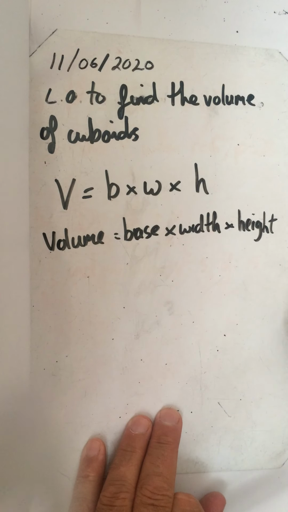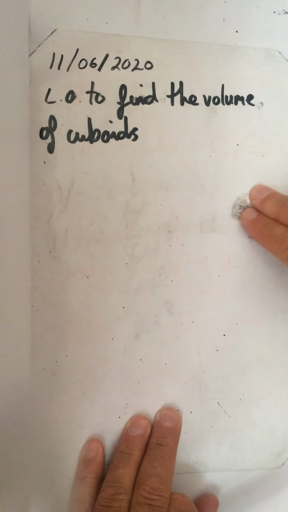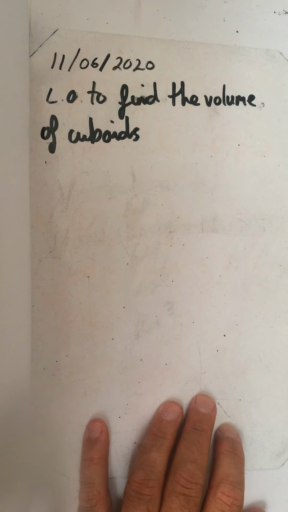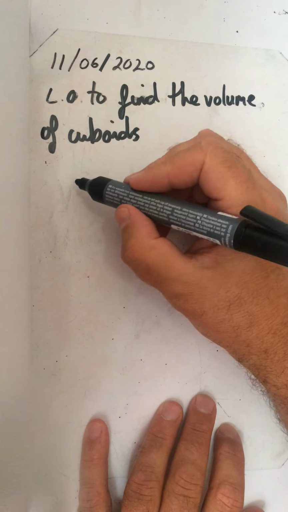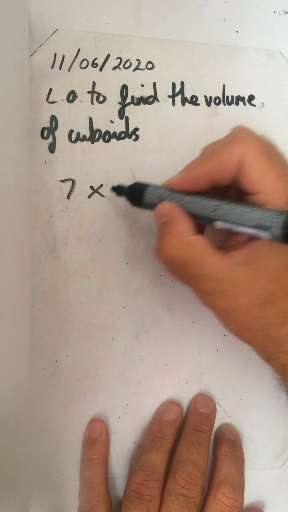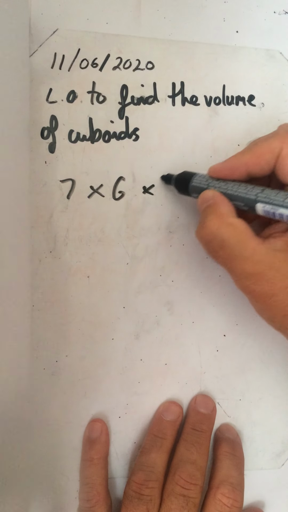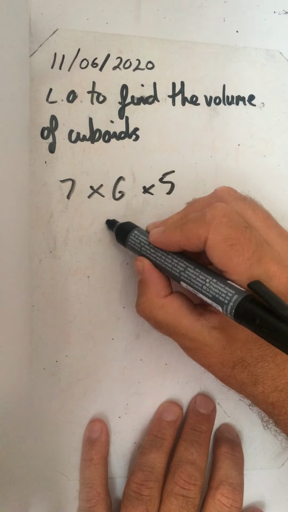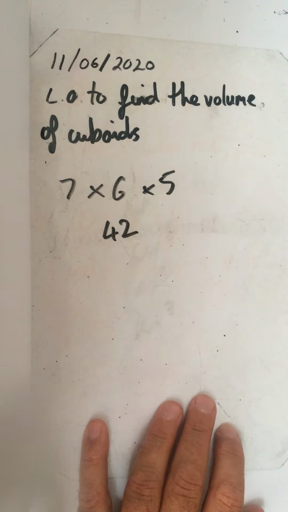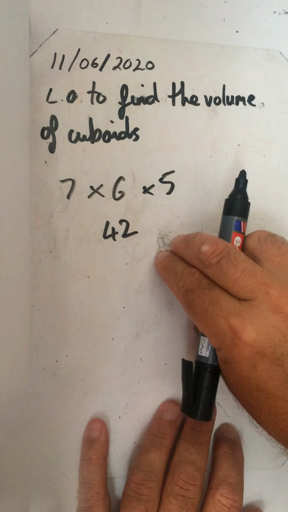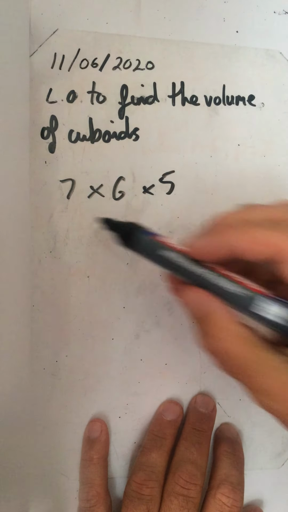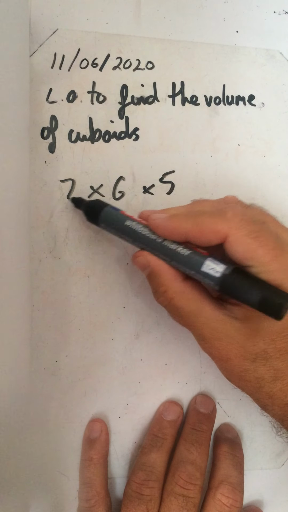Right. Okay. So that's the formula. So before we go and work out some volumes of some cuboids, because we will be multiplying 3 numbers, I just want us to have a reminder. If we're doing 7 times 6 times 5, 7 times 6 is 42. Okay, and I know some of us aren't great at our times tables. If we don't know 7 sixes, remember what we can do is 7 groups of 6.